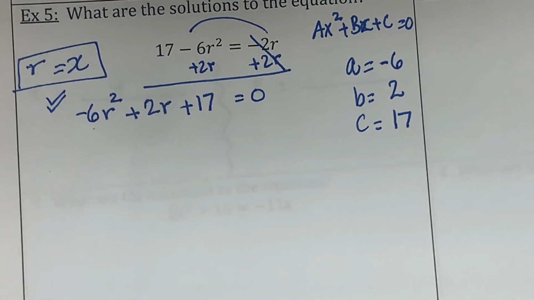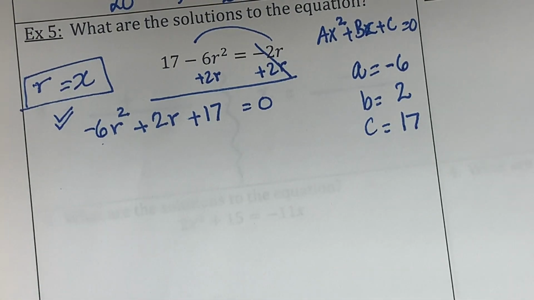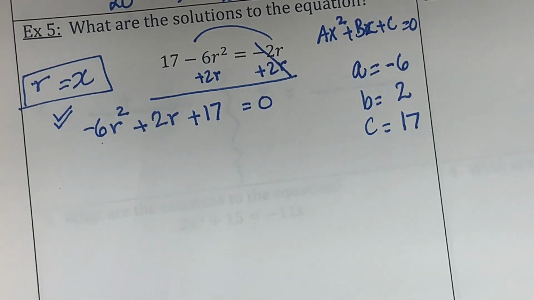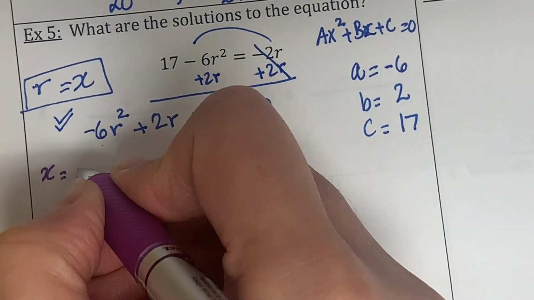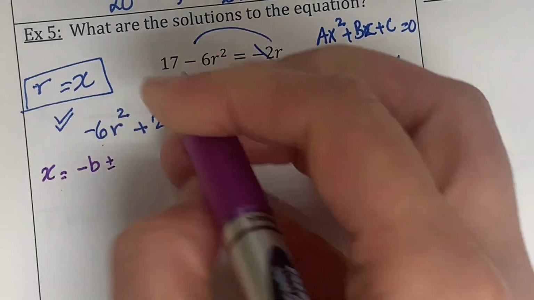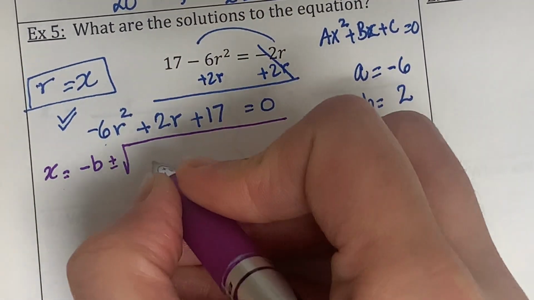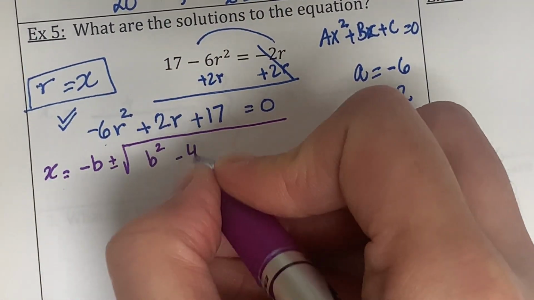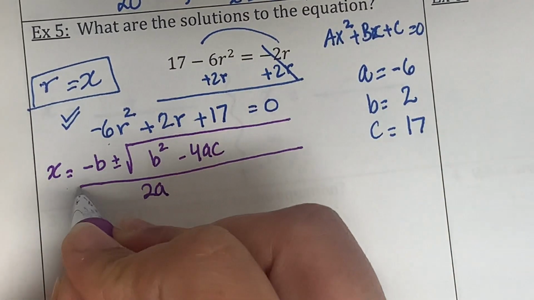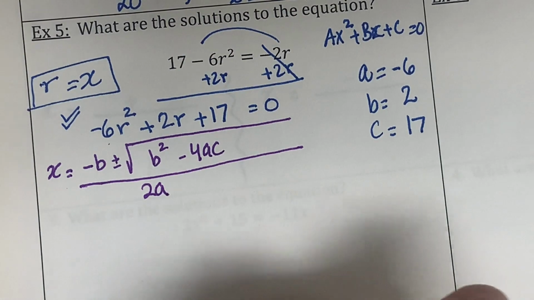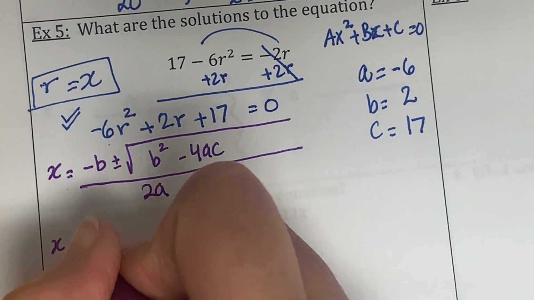Now I'm going to use the quadratic formula, which is x equals negative b plus minus the square root of b squared minus 4ac, over 2a. It's all across. And I'm going to plug in the values directly now.